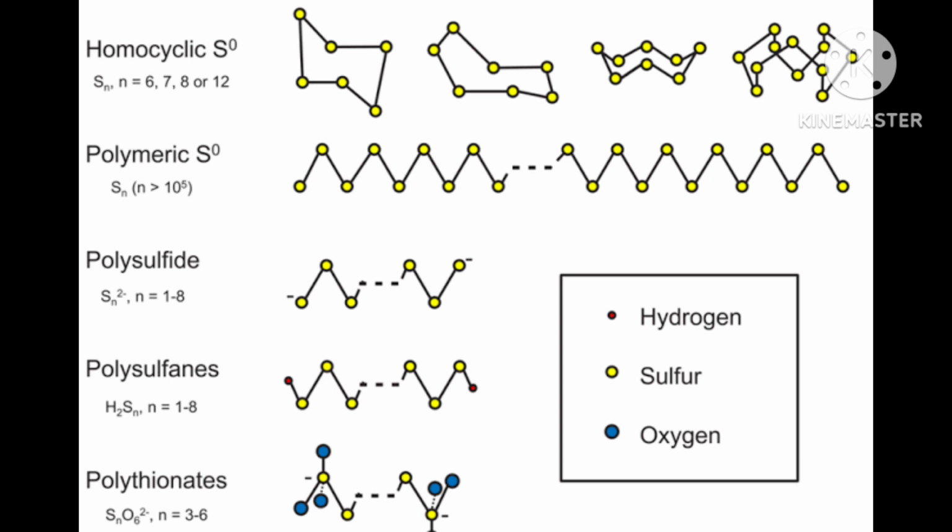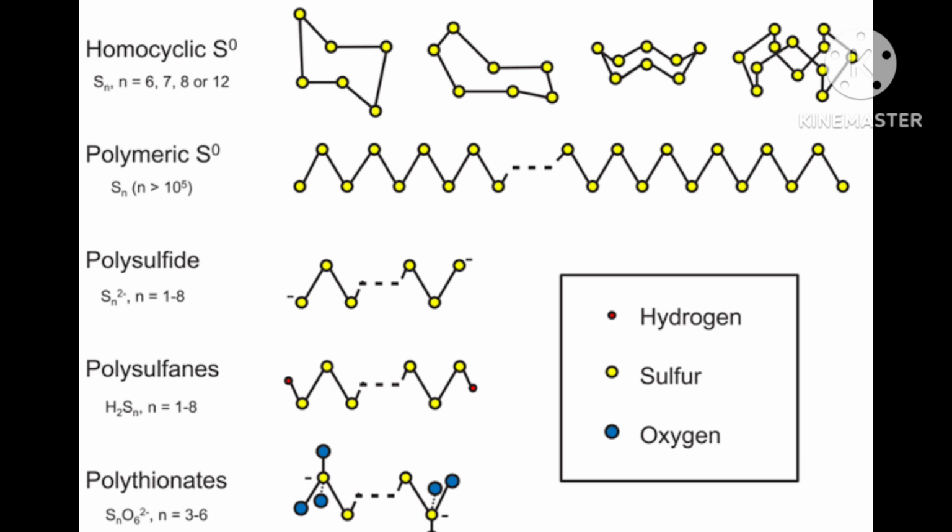In the reaction, you can see Fe3 plus plus SO2 plus 2H2O gives, now Fe3 plus is converting into Fe2 plus, and SO2 will convert into SO4 2 minus plus 4H plus. Then the balanced equation you can write: 2Fe3 plus plus SO2 plus 2H2O gives 3 products.